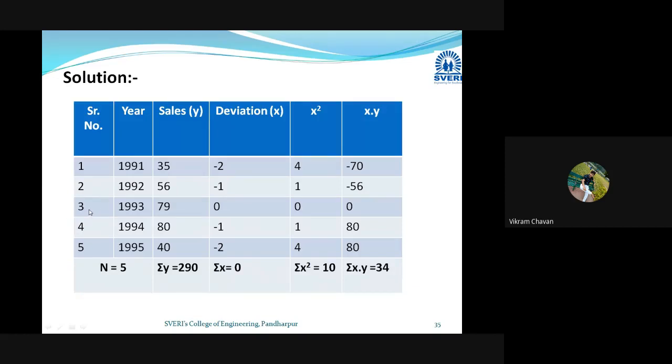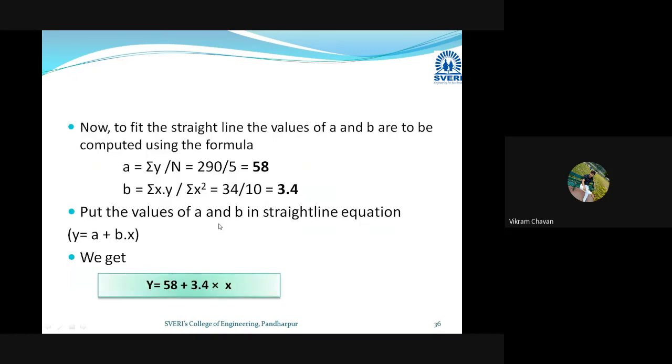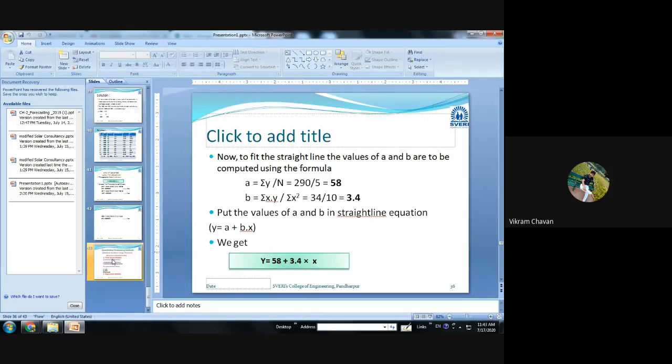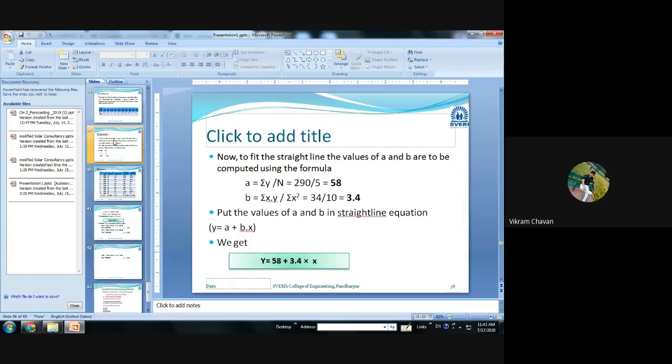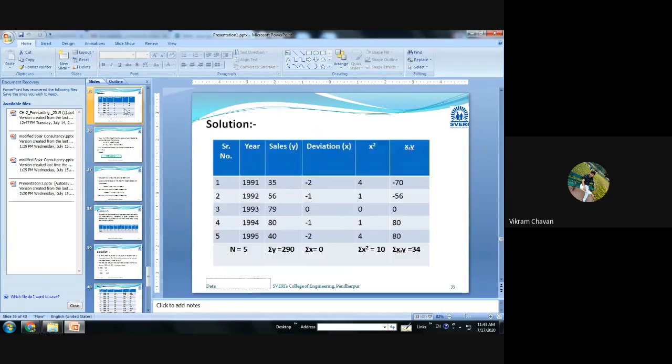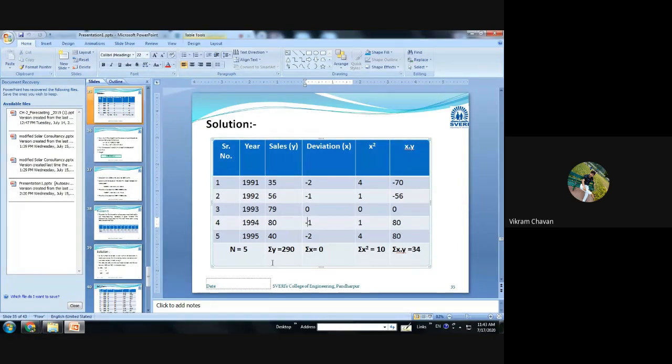So the third year, that is 1993, will be considered as the middle year, and the deviation for that particular year will be 0. Then for the previous years we have to provide negative deviations, and for the next years we provide positive deviations.